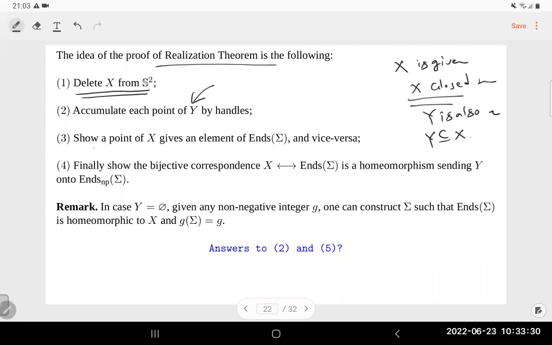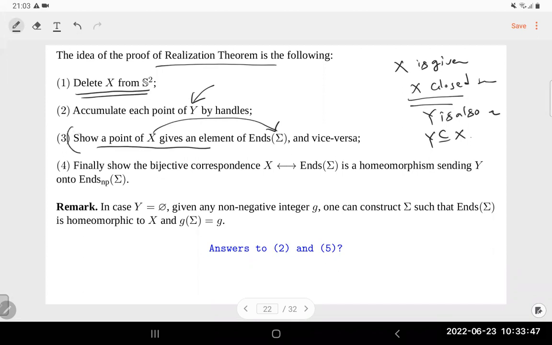Okay, and now a point of X gives an end and vice versa. This is a hard part of the theory. Actually, both sides are hard. One needs to check that an end gives a puncture and a puncture gives an end. I'm not going into the proof.